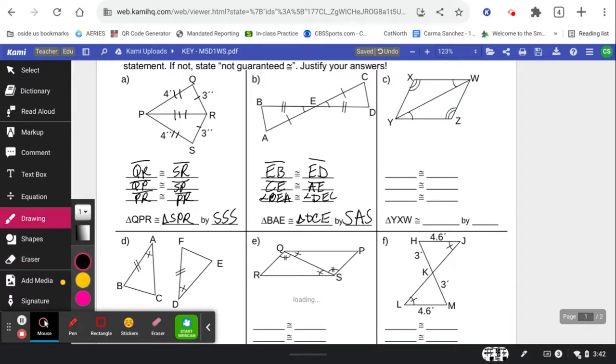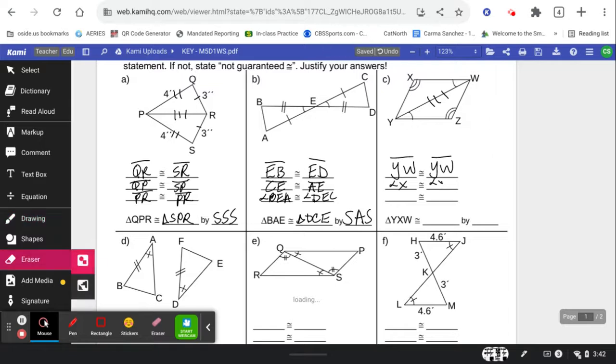All right, angle, angle, side. This is going to work as well because of this reflexive side right here. So side YW is congruent to itself. Angle X is congruent to angle Z. Angle XWY is congruent to angle ZYW.